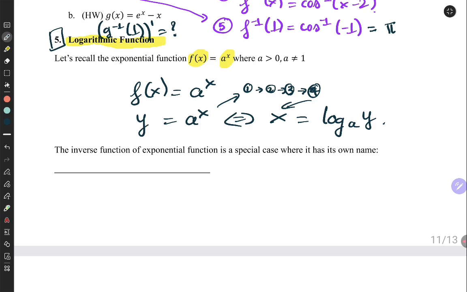We skip all of that and come to the result right away. The inverse function of the exponential function is a special case with its own name. There you go. Now you have a formal definition, formal name: the logarithm function.